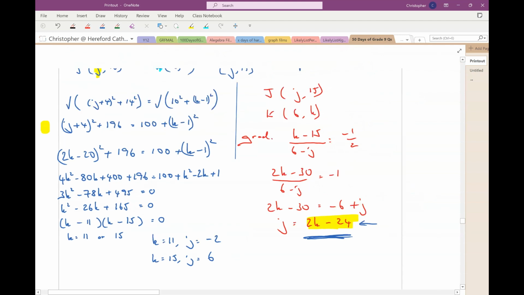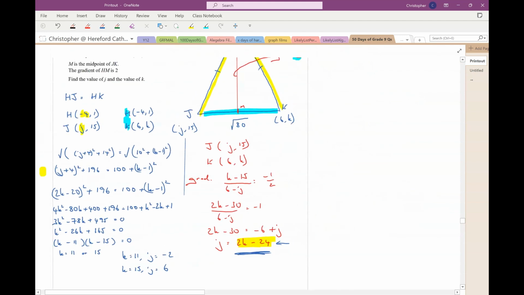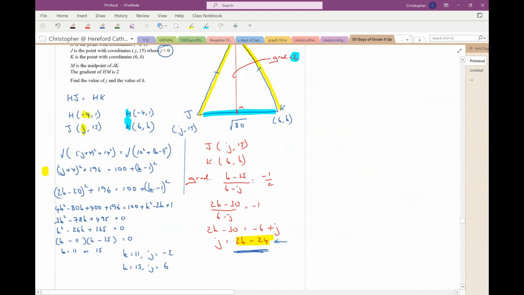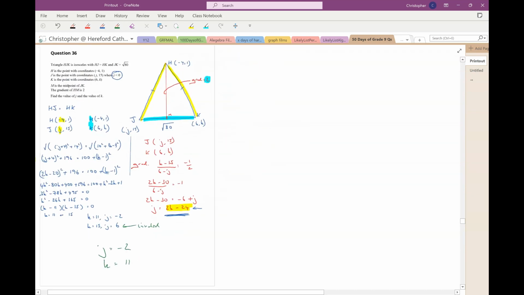But remember, didn't J have to be negative? Let's have a look. I'm pretty sure J had to be negative. Yes, it did. So this is invalid. And so my answers are that J equals minus 2 and K equals 11. And that is question 36 done.